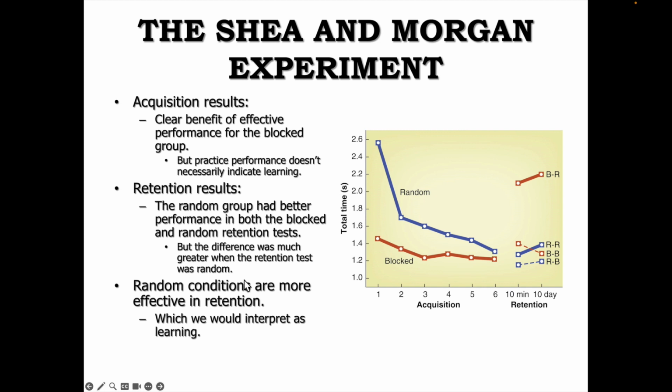So basically, and this is the highlighted point I would emphasize in your notes, random practice conditions are going to be more effective in retention of a skill, meaning learning. Random practice will lead to better learning in the long run compared to blocked conditions when practicing.